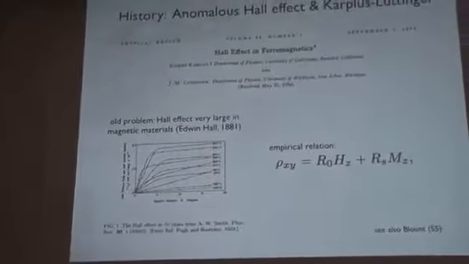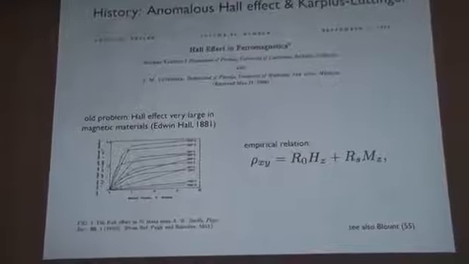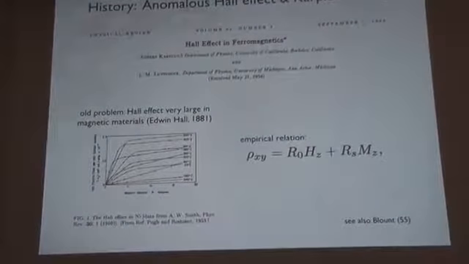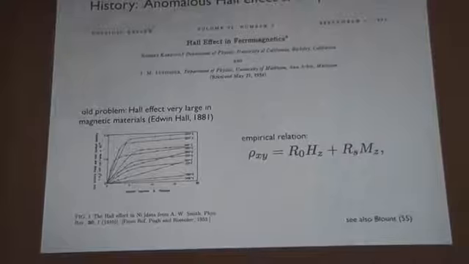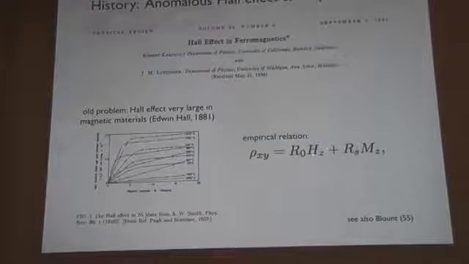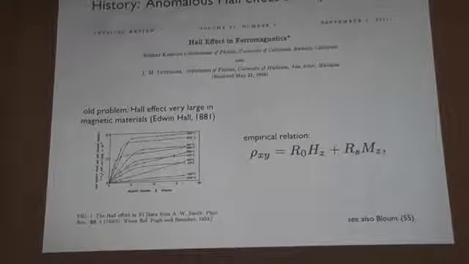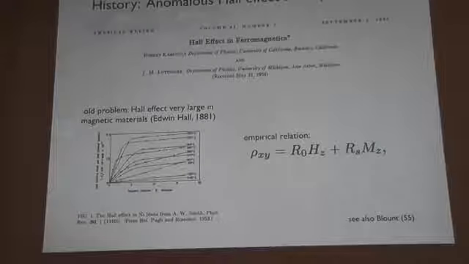It turns out that in certain materials, the anomalous Hall effect exhibits a Hall effect which is not proportional to the magnetic field that you've applied. Instead, you get something proportional to the magnetization of the system, and as you can see here, there's a saturation of the Hall coefficient ratio in this plot.